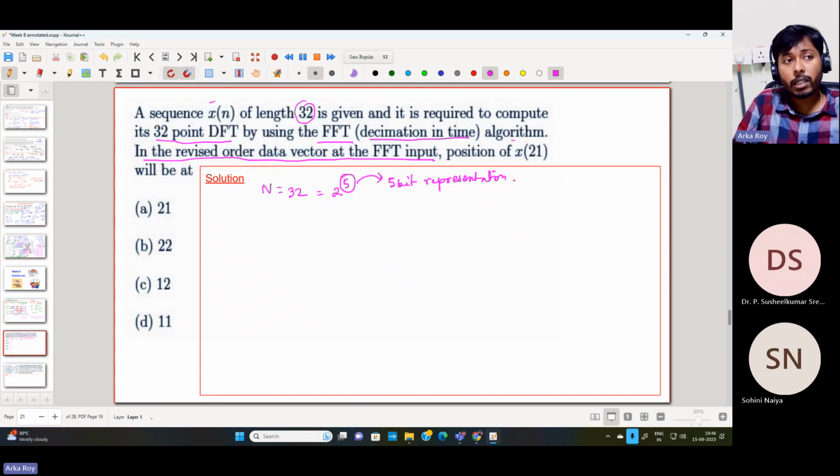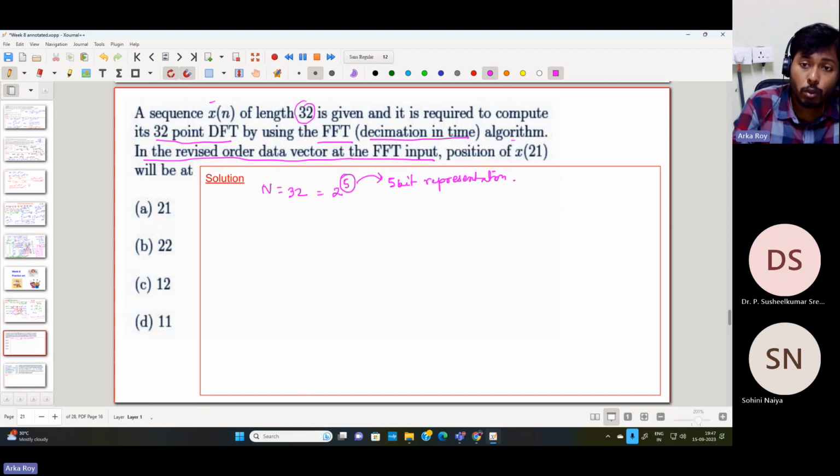But when it is a 64-point, 1024-point, or 2048-point DFT, it is very difficult to comment on the position of the input samples. So you need some methodological representation, which is given by the bit reversal technique.